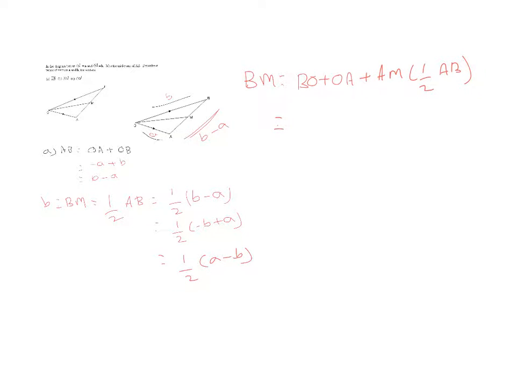B and O, we are going in the opposite direction, which is minus B. O to A, forward direction, so plus A. A to M, again forward direction, half of A to B, which is B minus A.